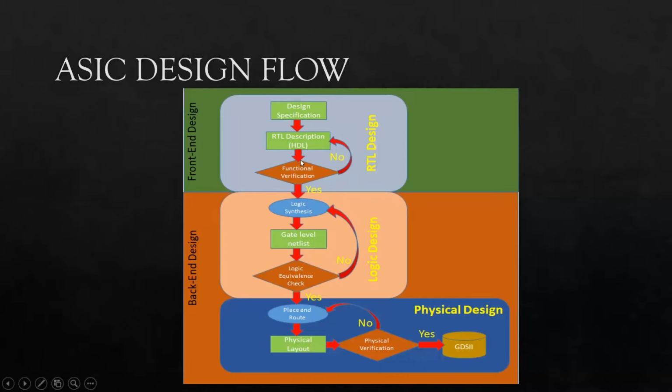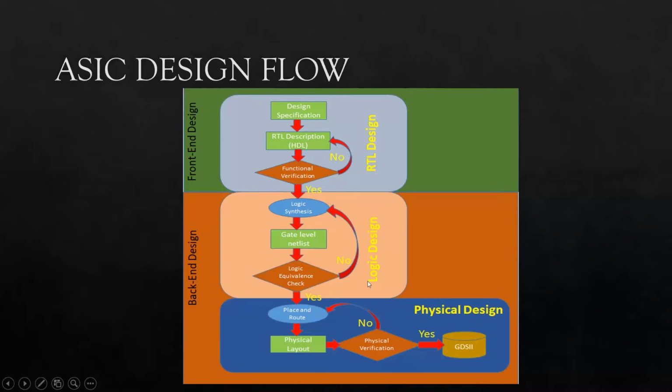If, for example, in a particular test case your expected result is not matching the RTL, the engineer will file a bug to the design engineer: in a particular scenario, the output does not match the expected output based on my test case. If no, then it goes back to RTL description. If yes, once the verification engineer has run all the test cases and all have passed with the expected result, then it goes to the back end part.